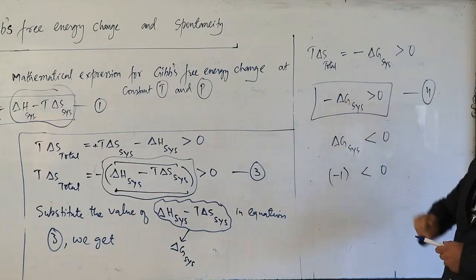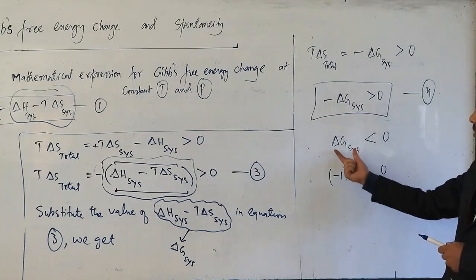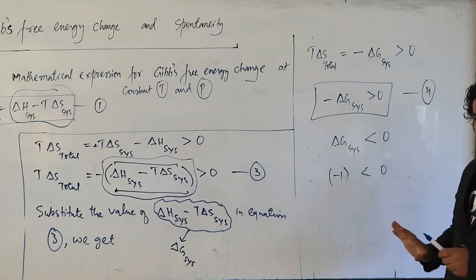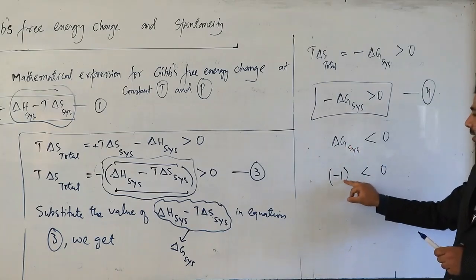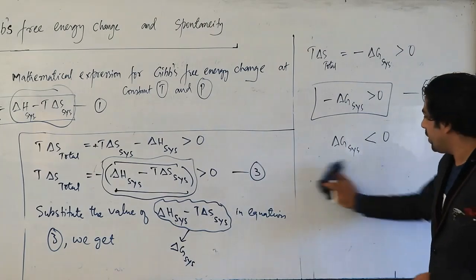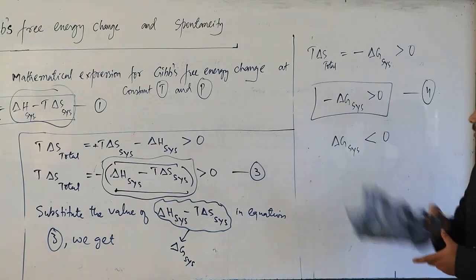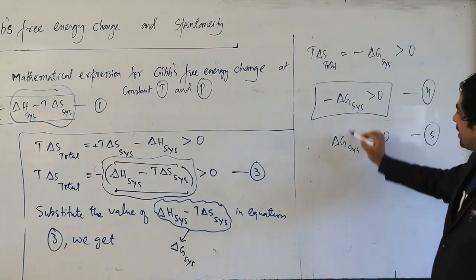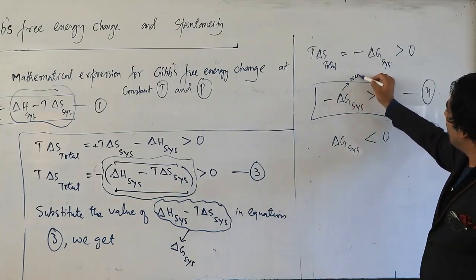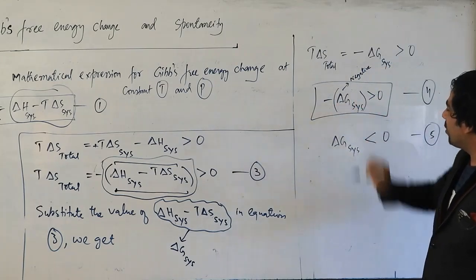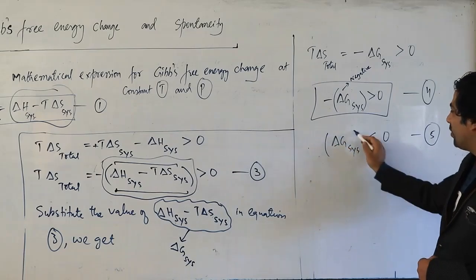Then only it will be greater than 0. Yes? But if I write delta G is less than 0, obviously at that time this delta G is negative only, that we know. But this minus 1 is obviously less than 0 only, that is true. So now I have changed this expression to this expression. Let's call it equation number 5. Okay, and remember this delta G is negative only, keeping this minus outside, and obviously this thing is also negative only.